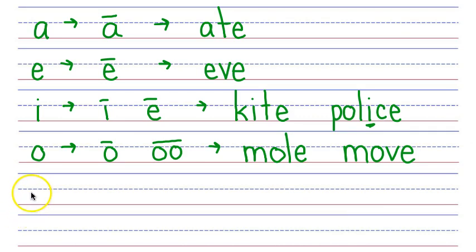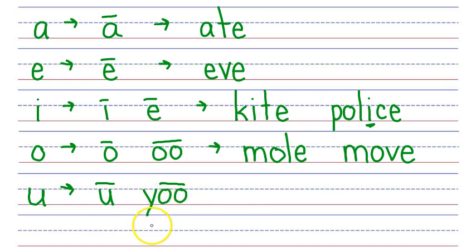Like I and O, U makes 2 long vowel sounds. It makes a long U sound, where U says its name. This can also be written in a dictionary like this, because it has that consonant Y sound followed by the long double O sound.